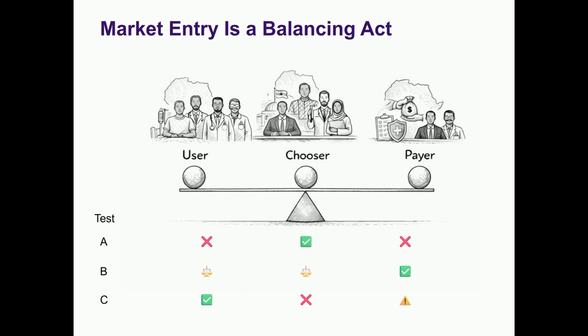So if you optimize for one corner, if you optimize for the user only and don't think about the chooser or the payer, you create risk for the success of your product actually getting to market. So for test A, the lab equipment, that limited our ability to reach lots of users. The payer doesn't like it because of the high capital cost up front to buy that big expensive equipment, but the chooser loves it because it's the most accurate.